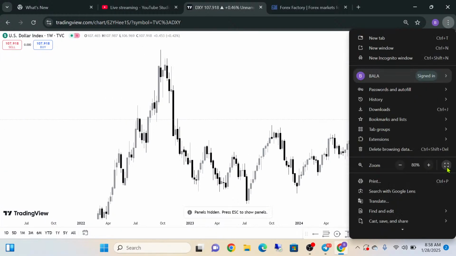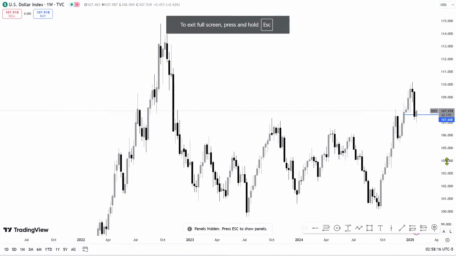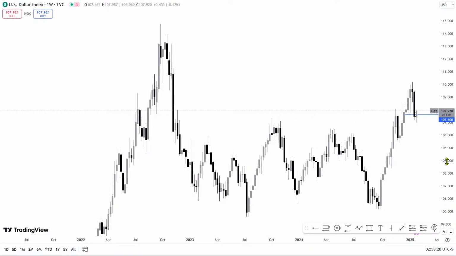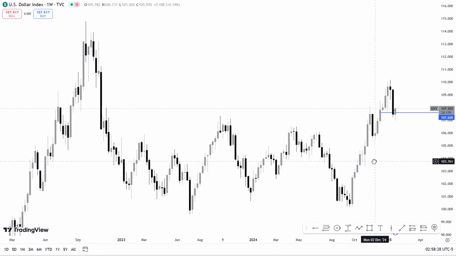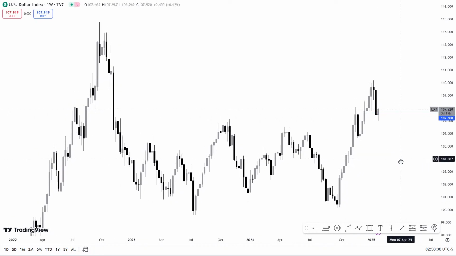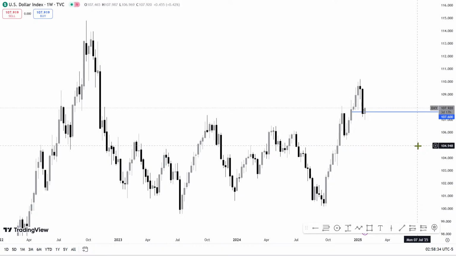If you have been watching me for the past few days, about a week or so, you'd notice that I've been projecting that we're going to have the dollar retrace into this bullish order block, after which we're looking to see the dollar trade into the drawn liquidity higher.